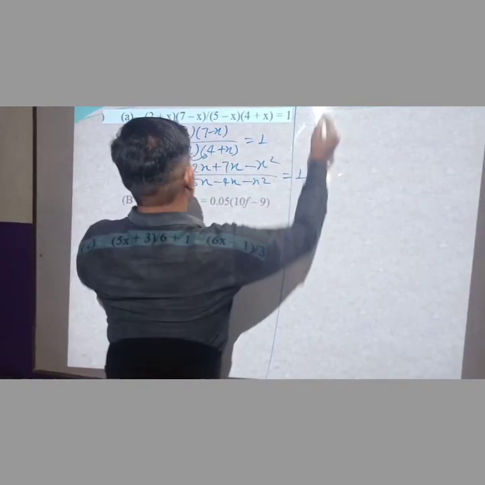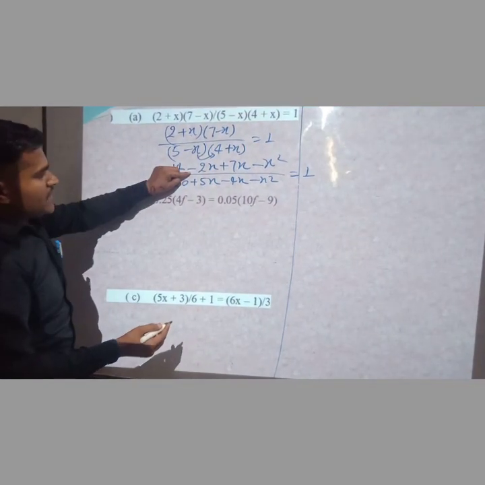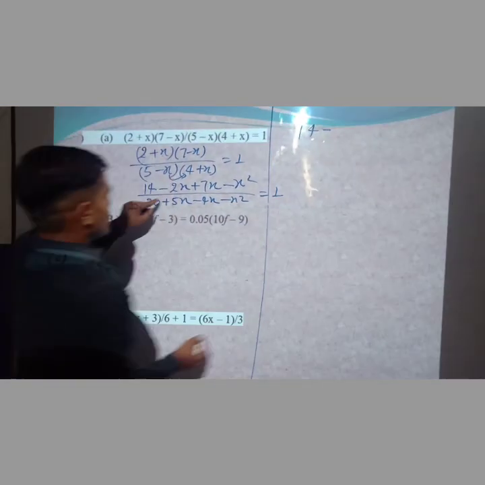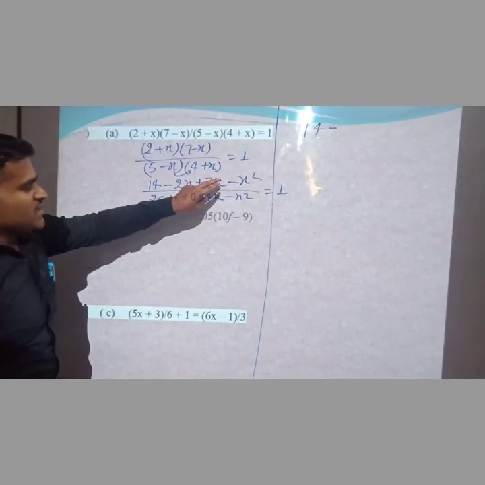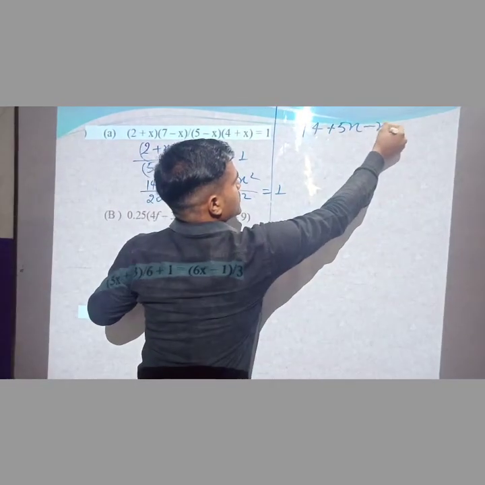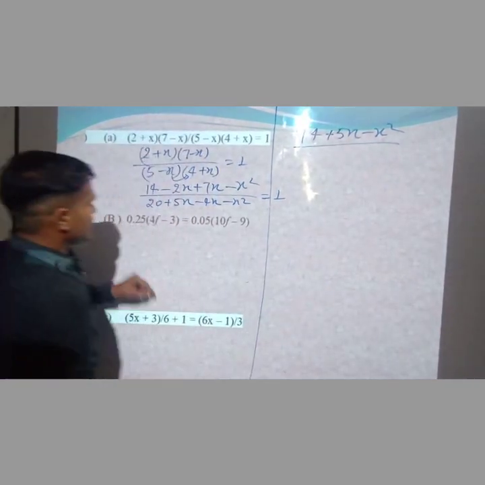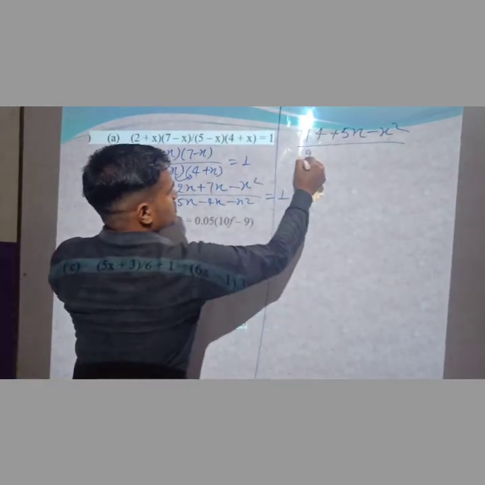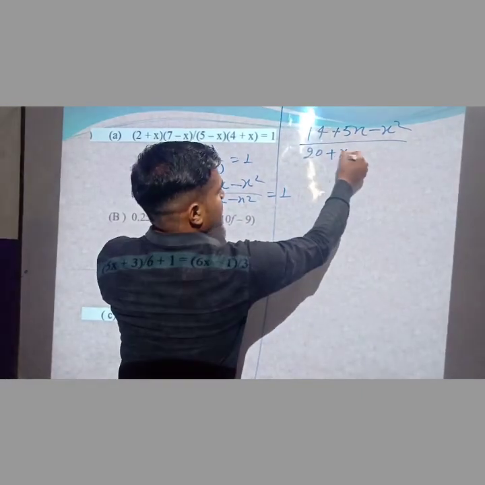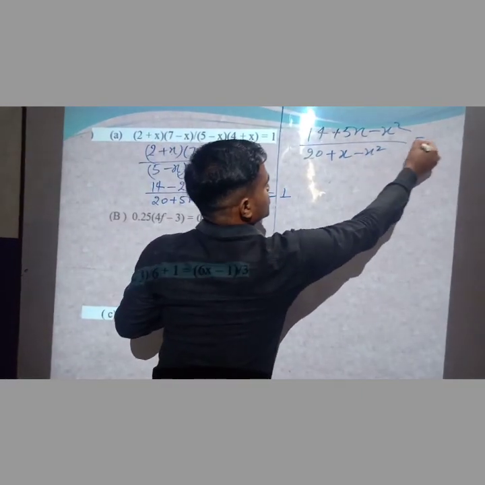Now 14 minus 2x plus 7x. So 14, minus 2x plus 7x means 7x minus 2x, that is plus 5x, and minus x square upon 20. So yes, 20 is there. 5x minus 4x is x, plus x minus x square is equal to 1.